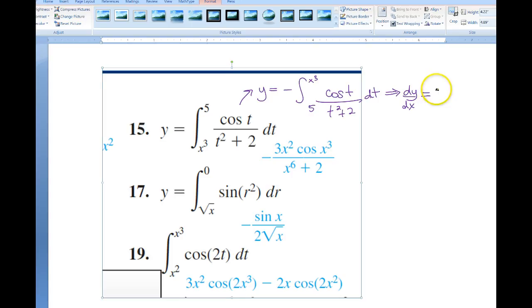Cosine, actually negative cosine, of x to the third over x to the third squared plus 2, and then the whole thing gets multiplied by 3x squared, which is the derivative of x to the third. So there's not a whole lot we can do with that. It's just going to be negative 3x squared cosine of x cubed all over x to the 6 plus 2.